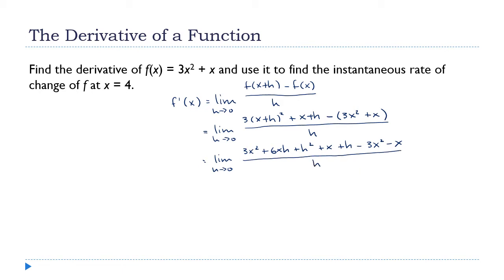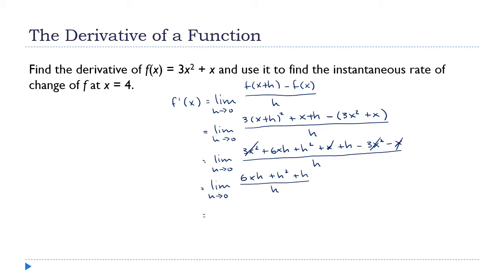Now, everything without an h in the numerator should cancel out. I've got 3x squared minus 3x squared, and I've got x minus x. And that leaves me with the limit as h approaches 0 of 6xh plus h squared plus h, all over h.